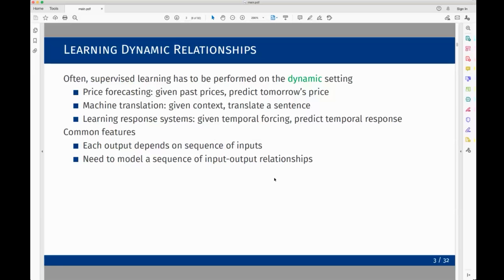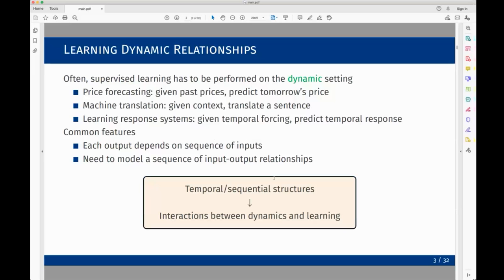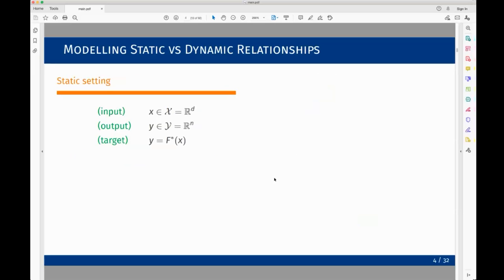So in this sense, we are not determining a single mapping, but instead a sequence of mappings indexed by the time variable. This is the key structure that makes us interested. Given a temporal or sequential structure, we would like to learn a sequence of input and output relationships, and this aspect naturally requires us to investigate the interaction between dynamic systems and learning problems.